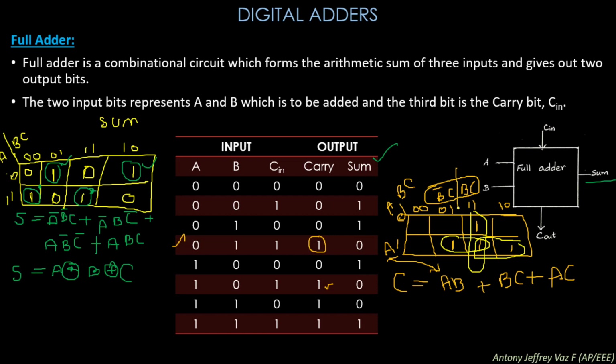When these two things are common, you can see here B bar is there and here B is there, so cancel these two things. So what happens, you will get C. You can write AC directly over here. Similarly, you have to simplify all these terms and you can get the carry signal.